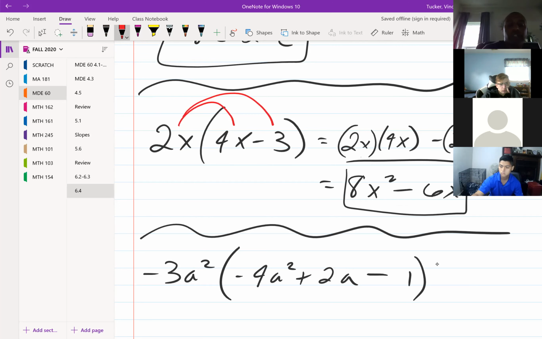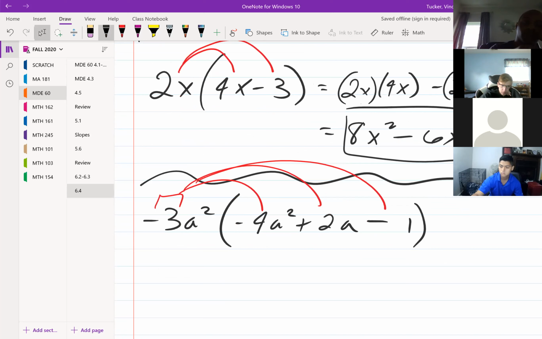All right. So the next one, negative 3a squared times the quantity of negative 4a squared plus 2a minus 1. So once again, we're going to take this term on the outside and multiply it to each term in the quantity. So negative 3a squared times negative 4a squared is going to be a positive 12a to the fourth.